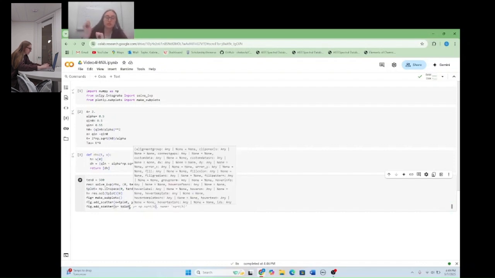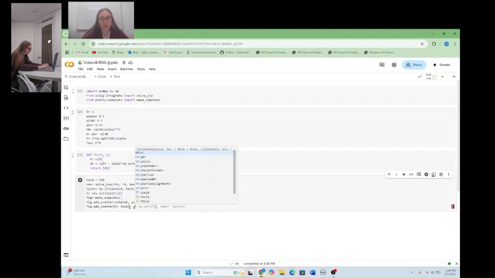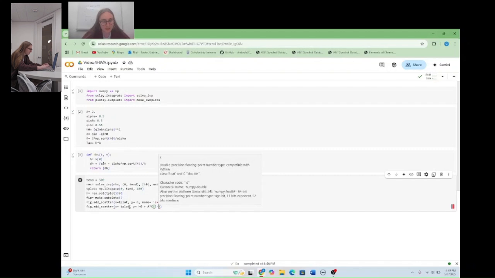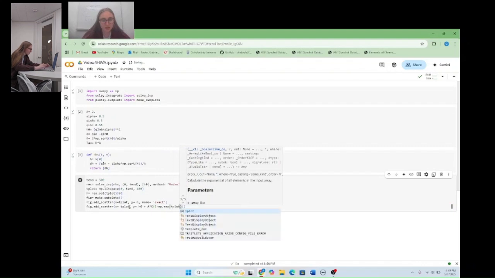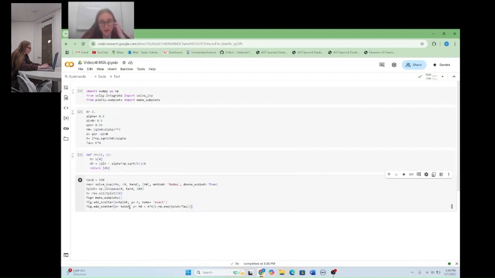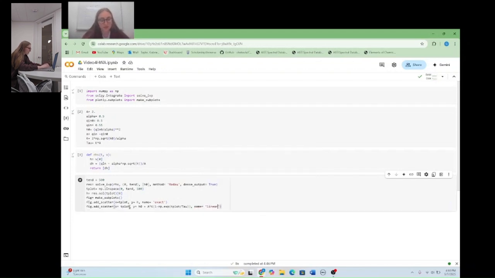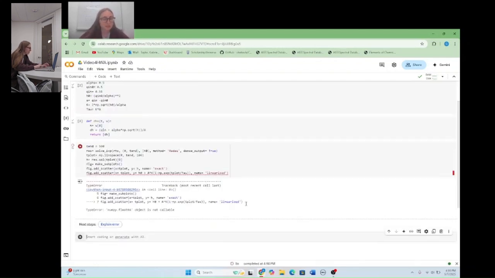What you see on the board behind me is what we already derived, which was our h naught plus a times k, times 1 minus np.exp of our t_plot divided by our tau. And then this is going to be named linearized. Sure. So let's see what this makes.